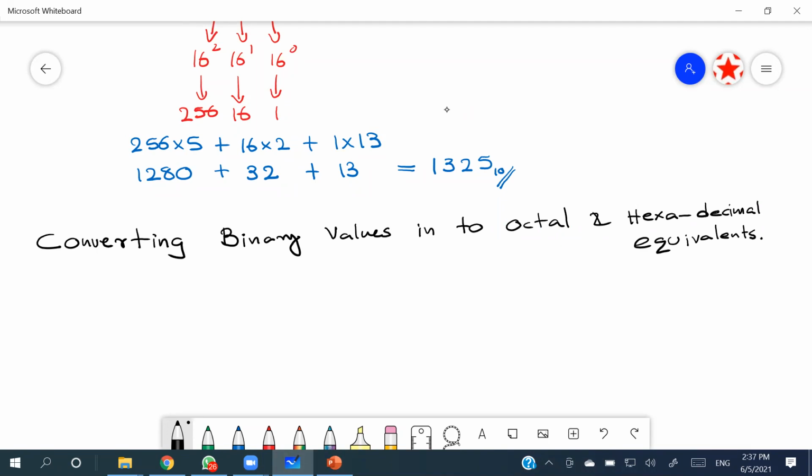Common technique means when binary is converted into octal, it has some technique, and the same technique we use to convert binary into hexadecimal. Okay, so first I'm going to show you how to convert binary into octal. So this is the first example.